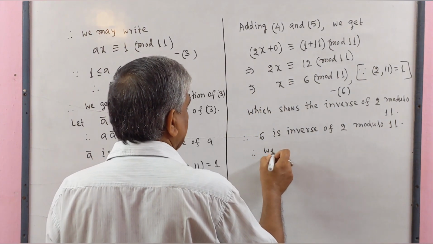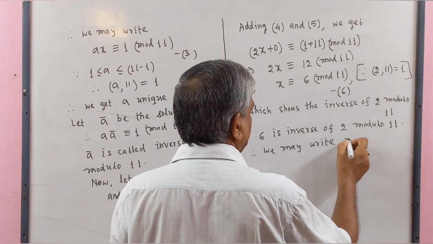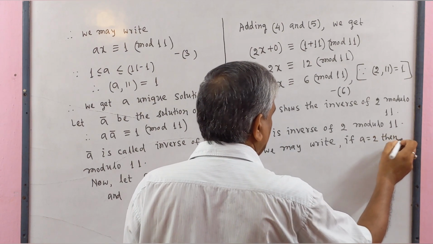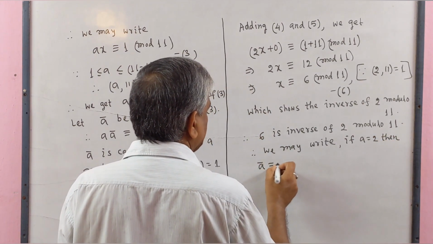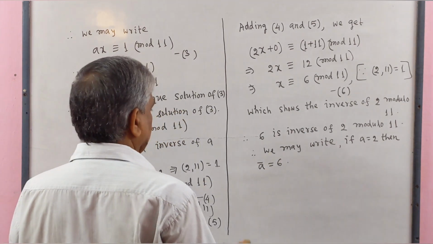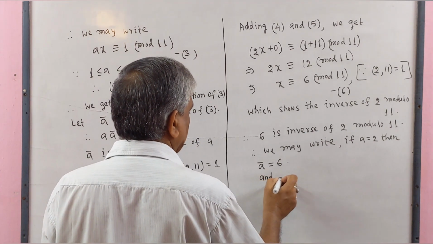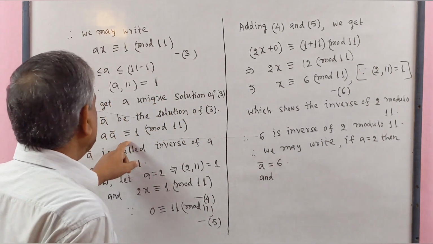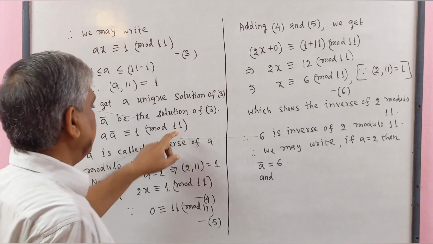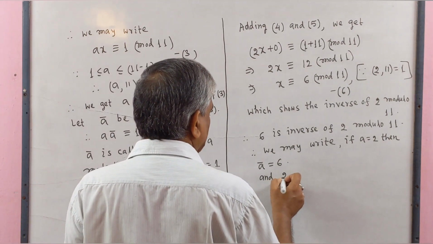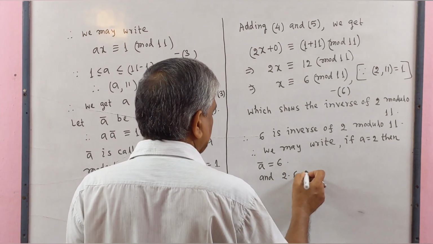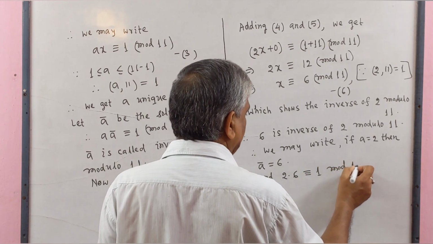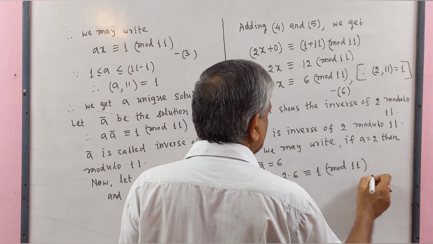Therefore, we may write, if a equal to 2, then a bar equal to 6, and a a bar is congruent to 1 modulo 11. That means 2 multiply 6 congruent to 1 modulo 11. Let this be number 7.